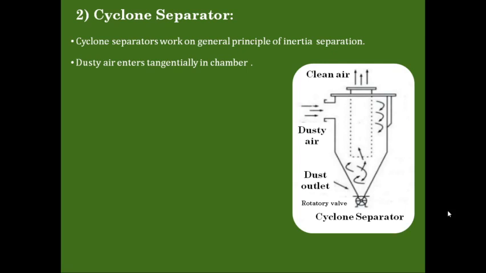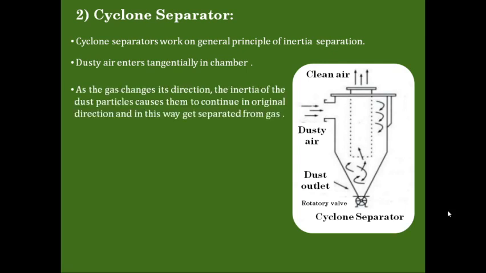So when the gas enters the chamber at an angle, as the gas changes its direction after striking the inner wall of this chamber, the inertia of dust particles causes them to continue in the original direction, and in this way they get separated from the gas.